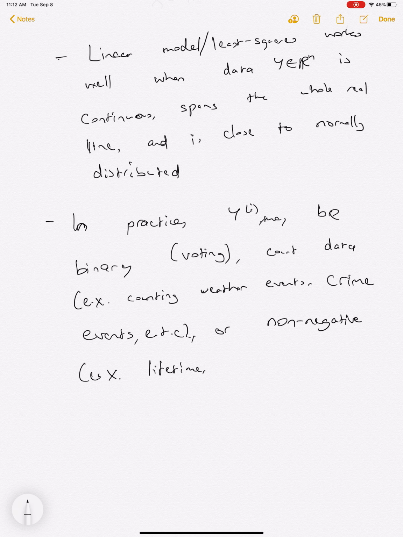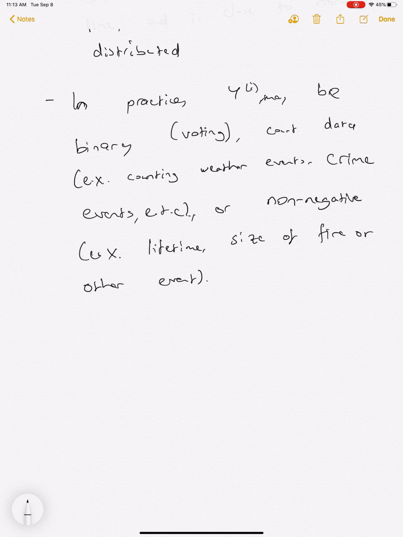Like you might have size of fire or other event. And typically these sizes are going to be non-negative. So are there ways to kind of deal with this non-negative data?